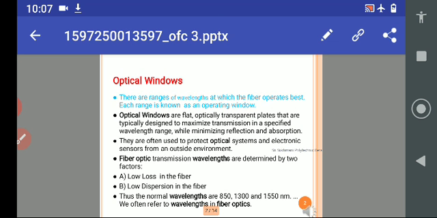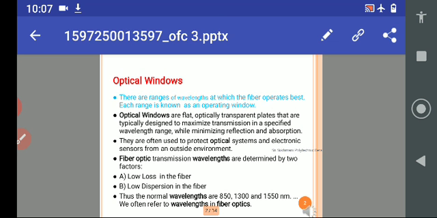The information signal which we want to transmit is first converted into a light signal. This conversion is done with the help of sources like laser or LED. We know that light has an optical wavelength. The wavelength is related to the frequency.